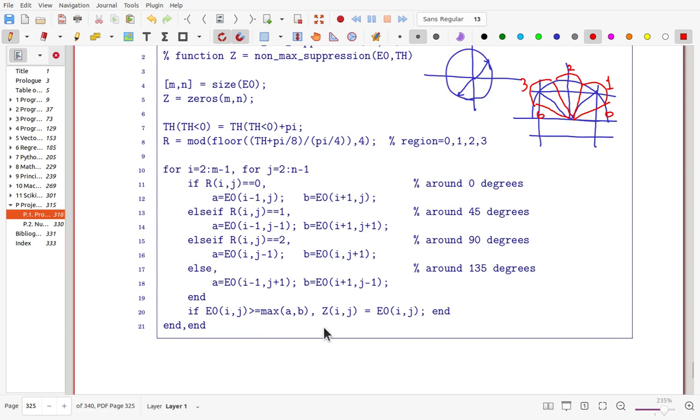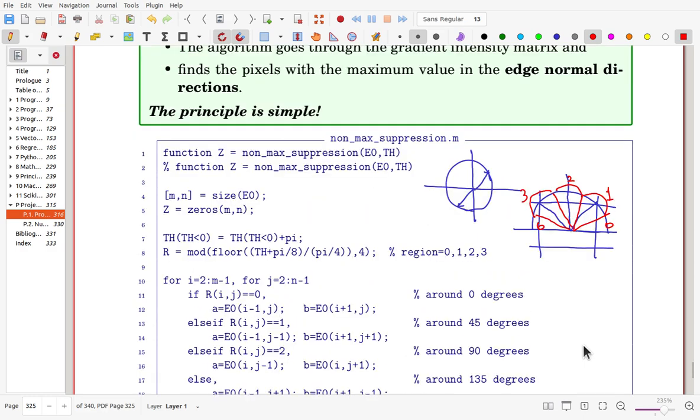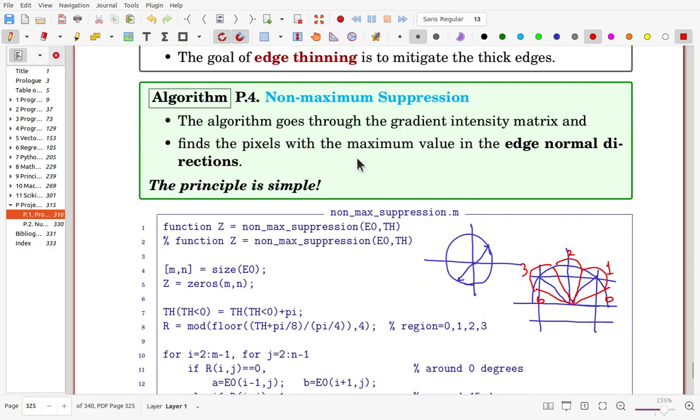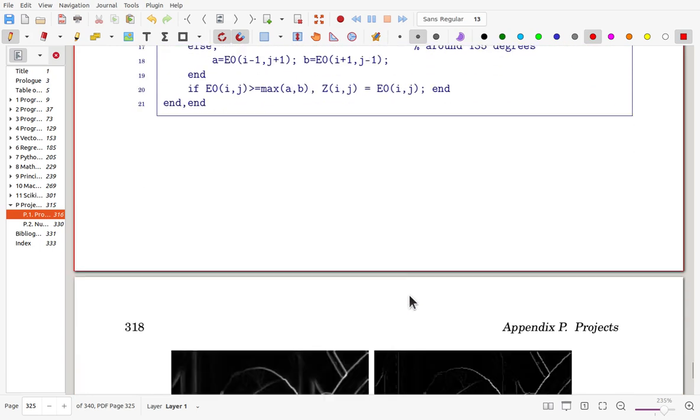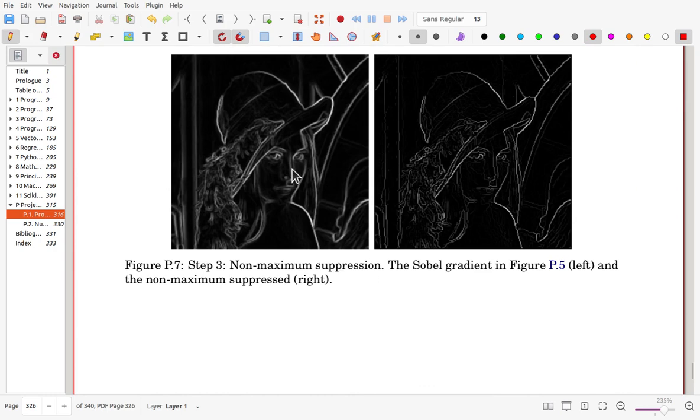So along with this algorithm, we select only the maximum value. Here, find the pixels with the maximum value in the edge normal direction. That's what this function is doing. That's the result for the gradient intensity after passing the program.